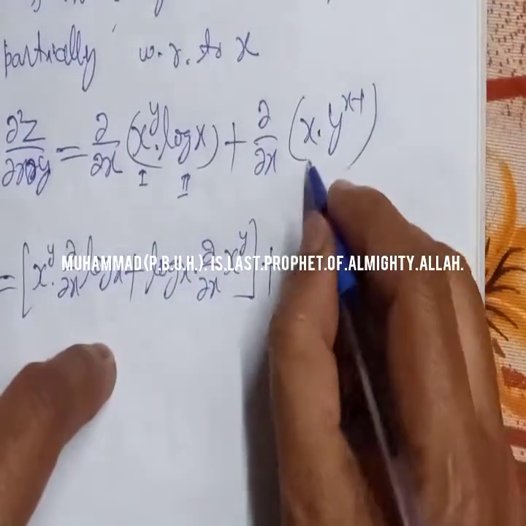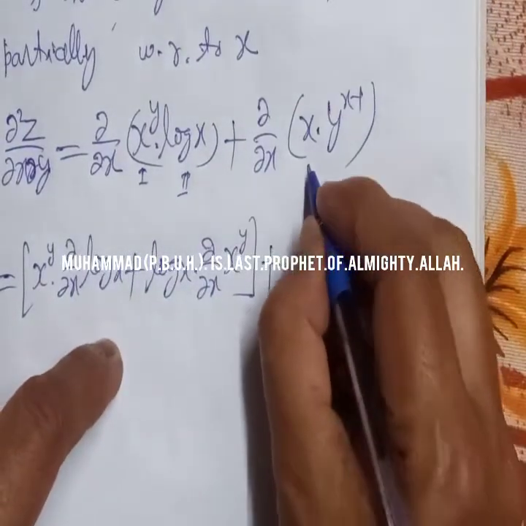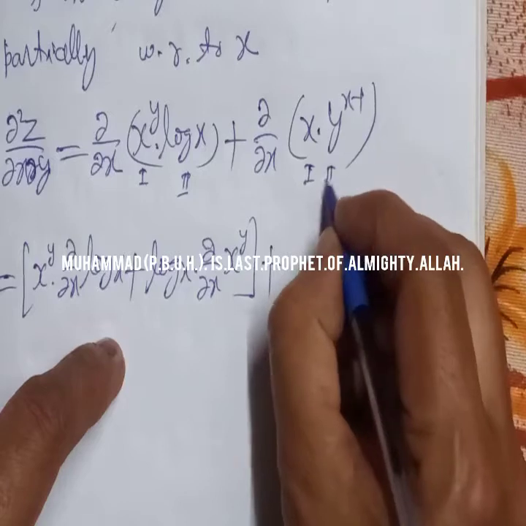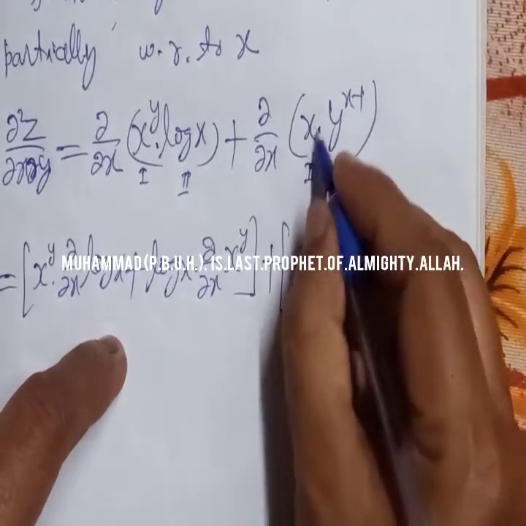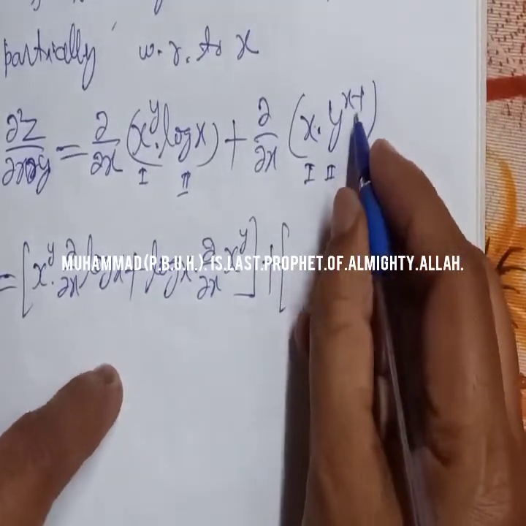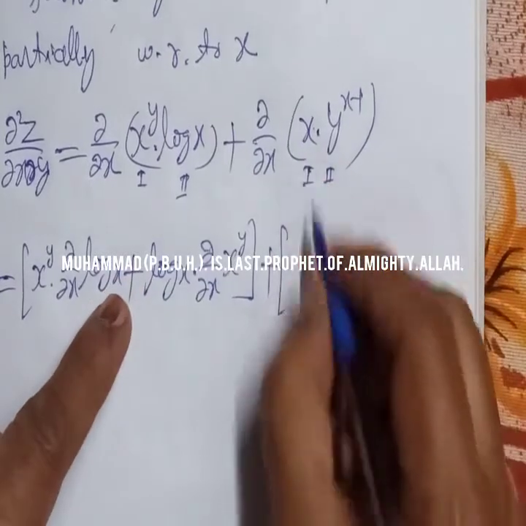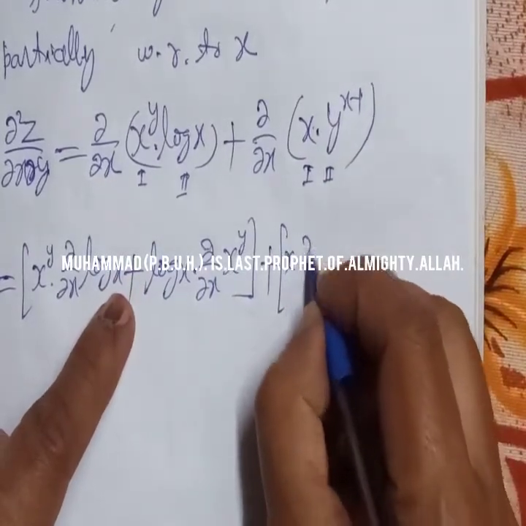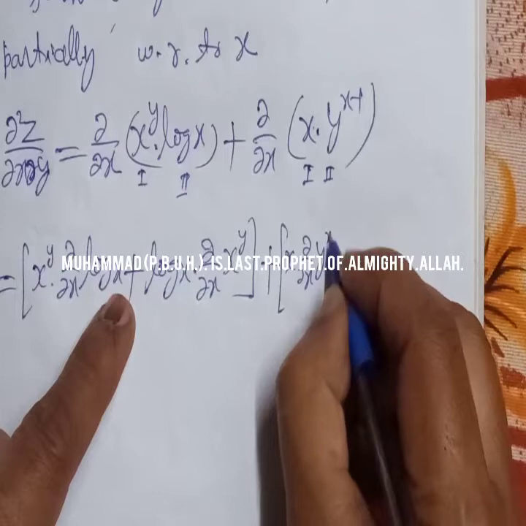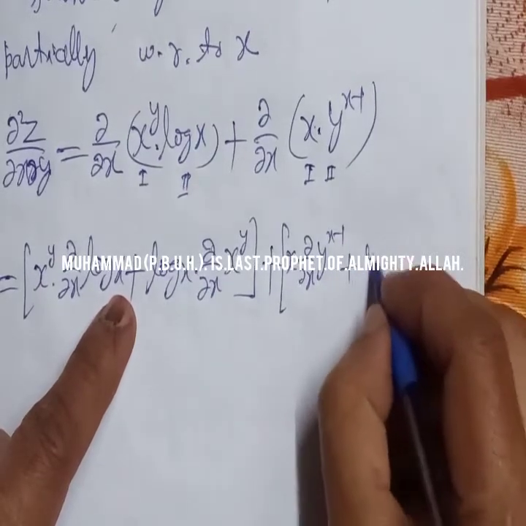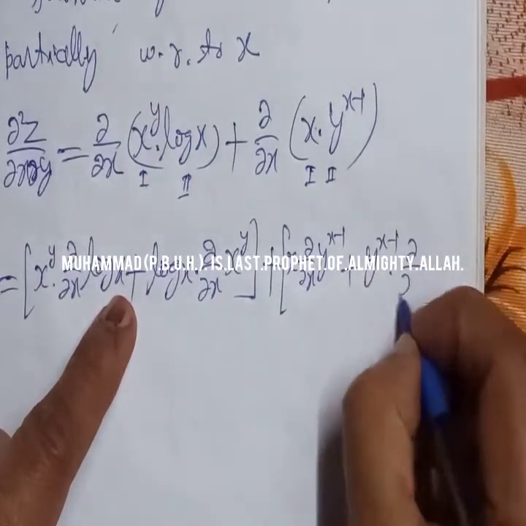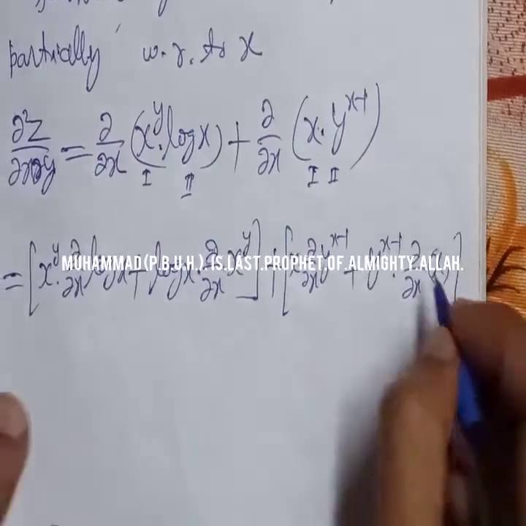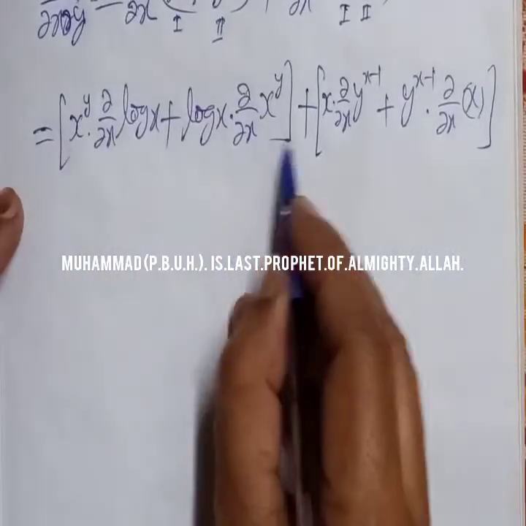Also apply the product rule here. Consider x as a first function and y to the power x minus 1 as a second function. First function as it is, differentiation of second, plus second function as it is, differentiation of first. Now differentiate these values.